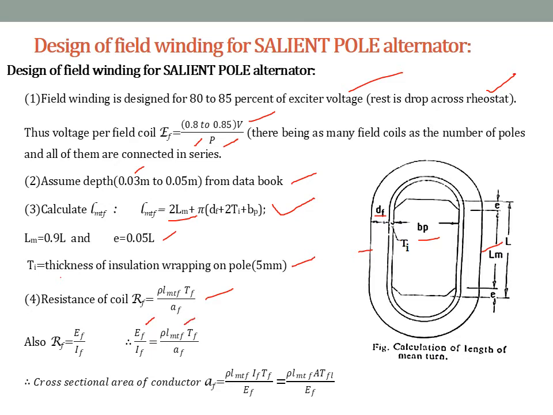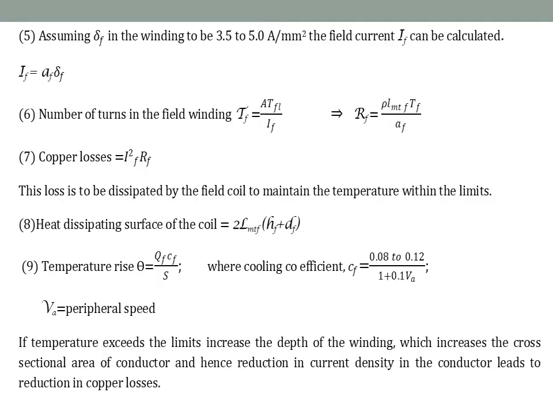So equating this and this, finally the cross sectional area of the conductor AF is equal to rho LMTF IF TF by EF, that is rho LMTF ATFL by EF.